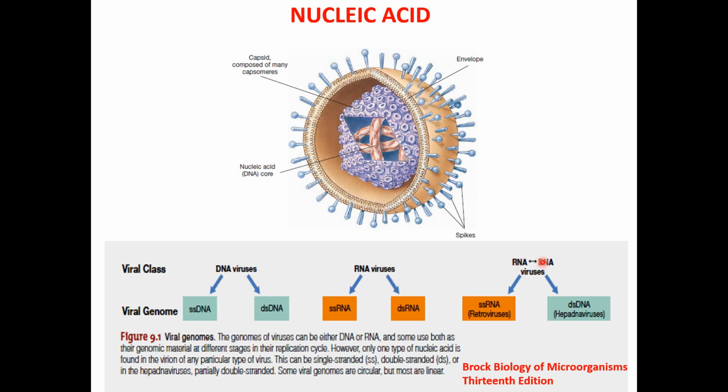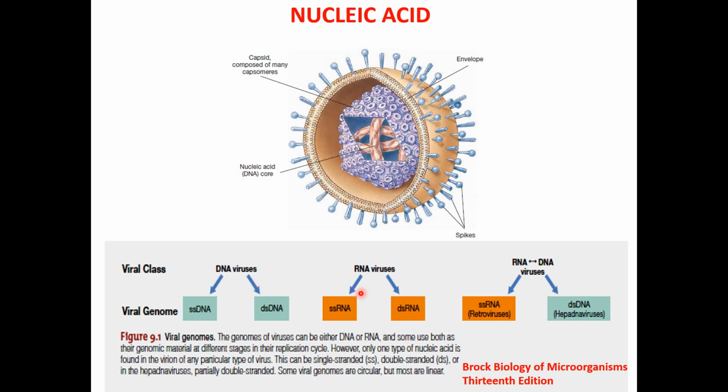And there is another type where RNA is present, but that is intermediate with a DNA structure, as this type of virus has a reverse transcriptase enzyme which forms a DNA structure from the RNA. So they are also called the retroviruses, and if double-stranded DNA is formed, it's called the hepadnaviruses.